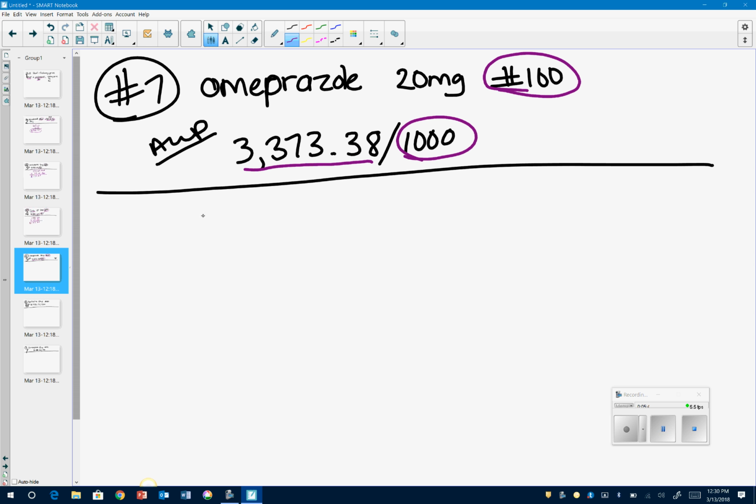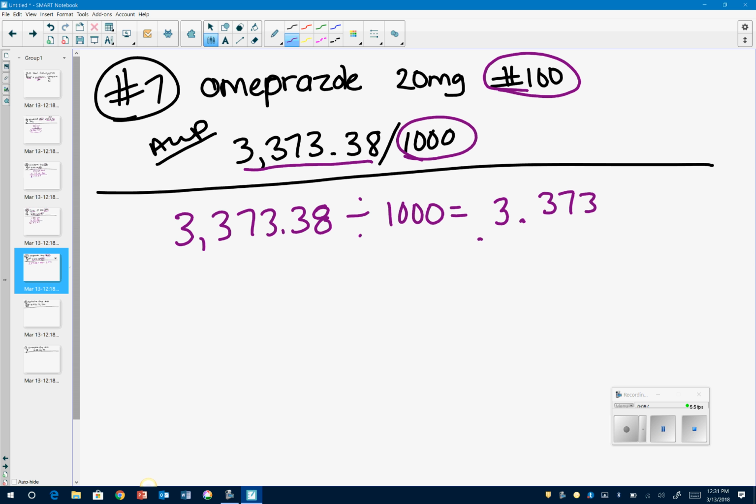Okay, so you take your $3,373.38. Okay, and then you're going to divide it by 1,000. Okay, and you get how much it is per each tablet. So it's going to be $3.373 per each tablet, and that's per one tablet.